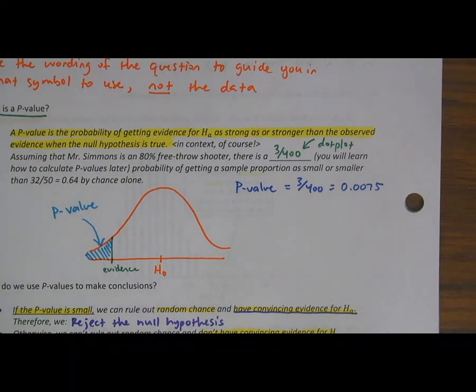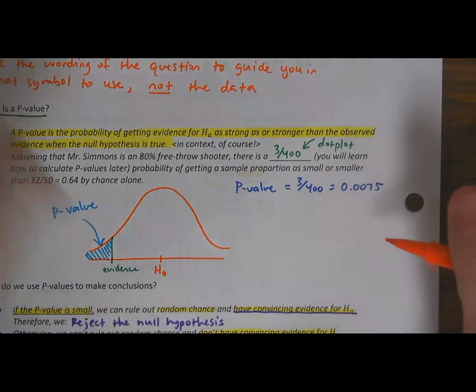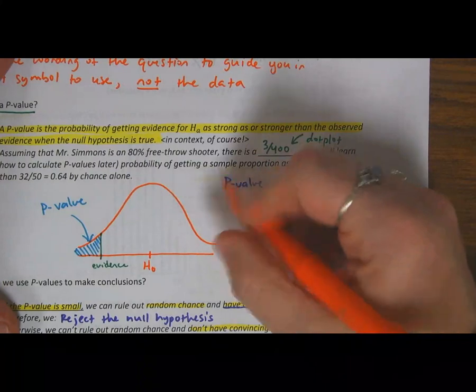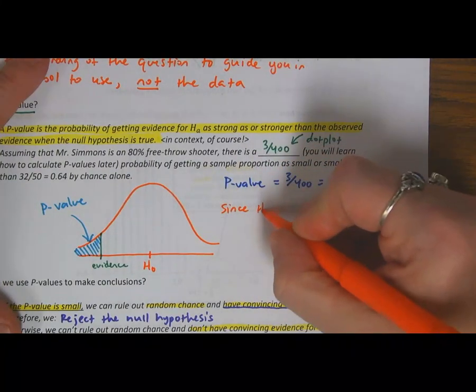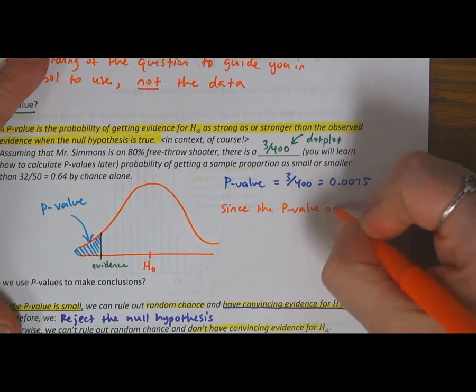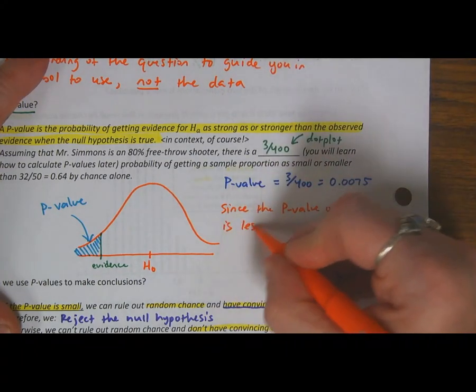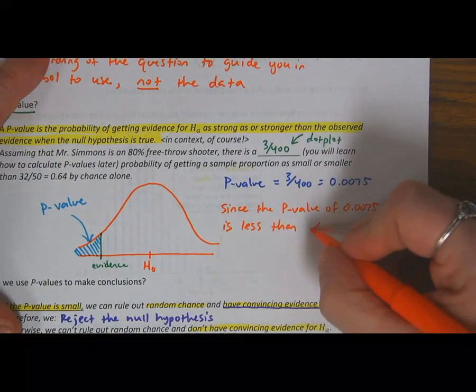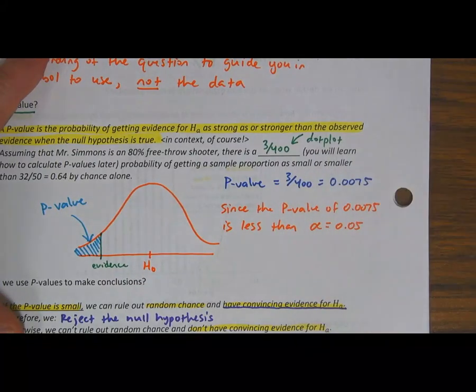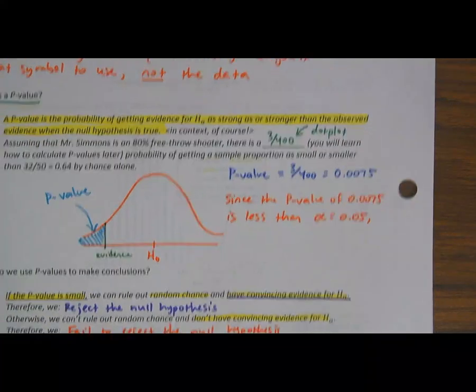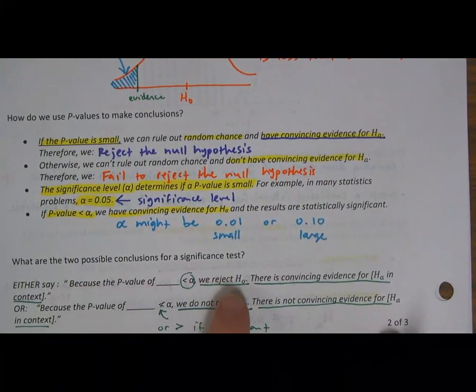It never told us what significance level to use in this problem, so let's use 0.05. And so now we're going to get to make our conclusion about our claims. And I want you to put, since the p-value of 0.0075 is less than the significance level of 0.05, and then I'm just following what it says at the bottom of the page, we reject.